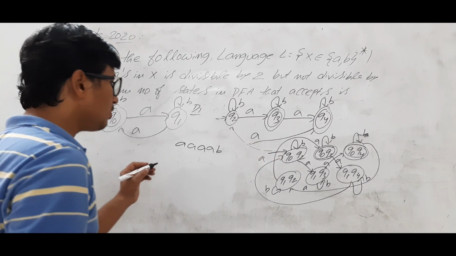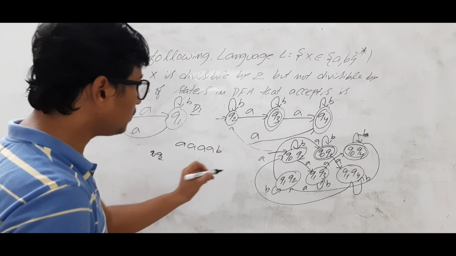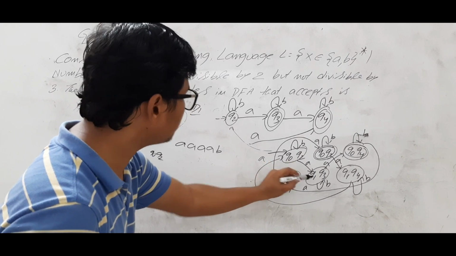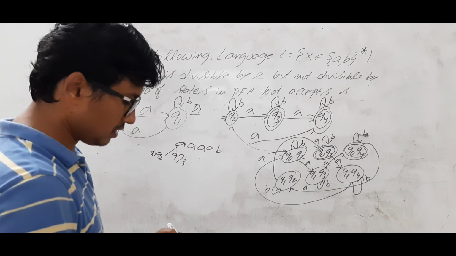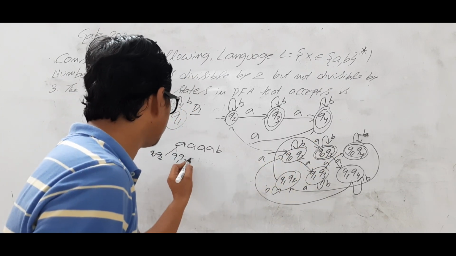Now we will check. What state am I in? I am in state Q0, Q2. Q0, Q2 on A, it is going to Q1, Q3. Is it clear? Now Q1, Q3 on A, it is going to Q0, Q4.